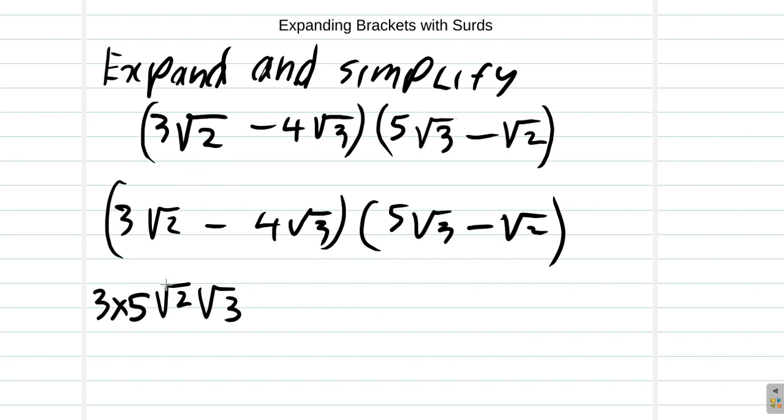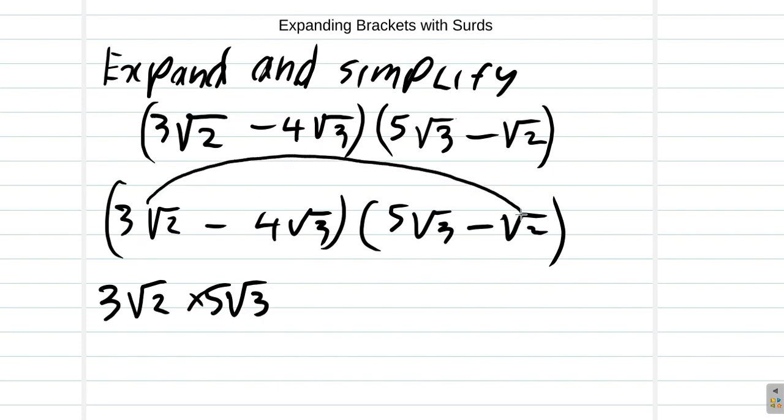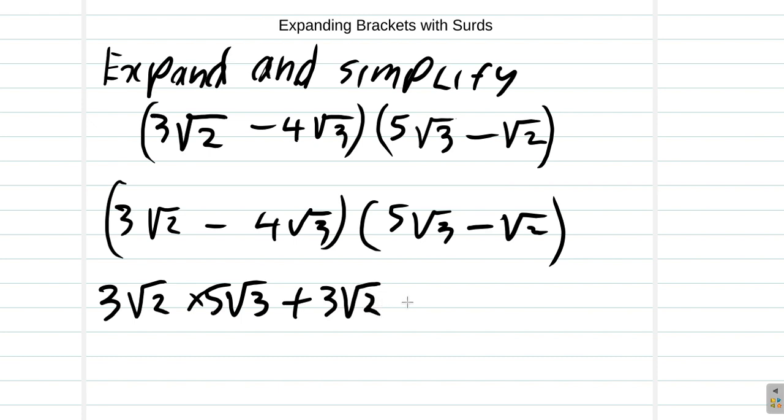Alright? Now, of course, I could just write them like this: 3 square root of 2 by 5 square root of 3, and then rearrange. Then 3 square root of 2 by square root of 2. So it's going to be plus 3 square root of 2 times negative square root of 2.